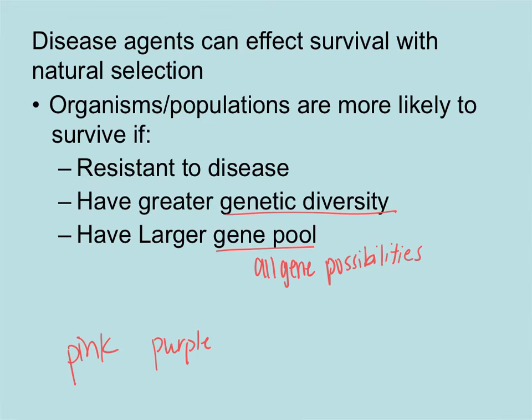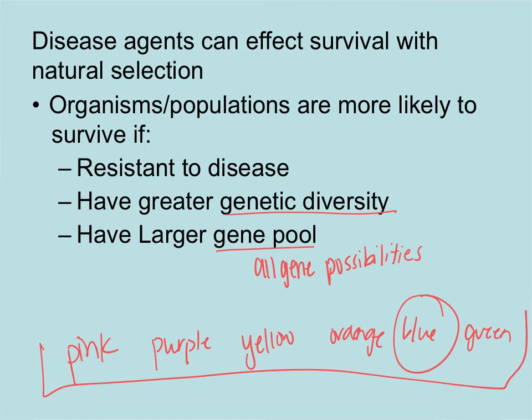But if you have pink, purple, yellow, orange, blue, green, you have a lot more options to pick from, and maybe the only thing that can survive is the blue. So having a larger amount of options for an adaptation is going to give you a better possibility to survive.